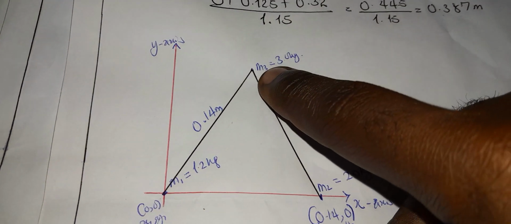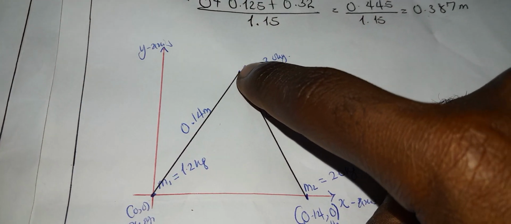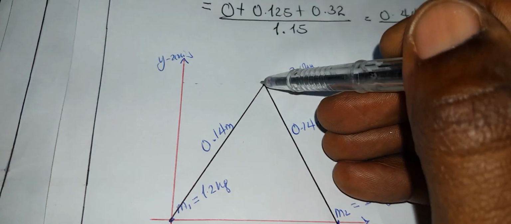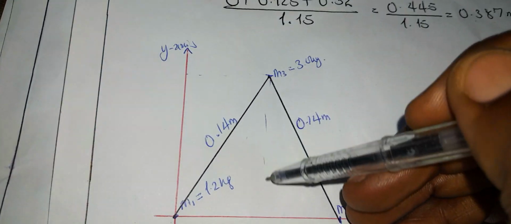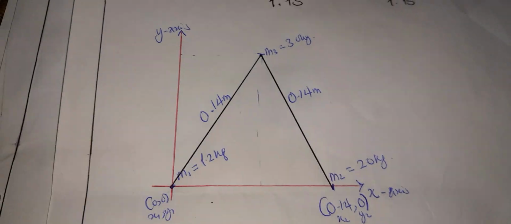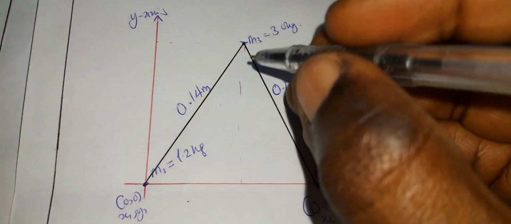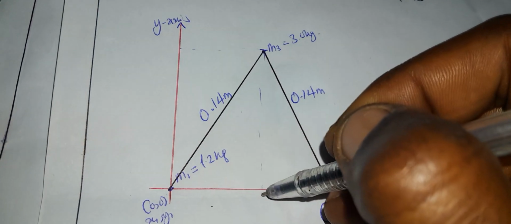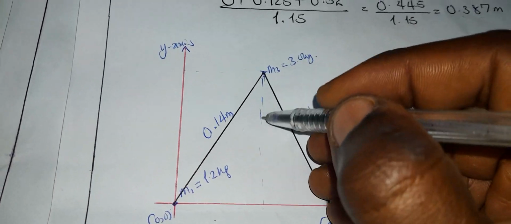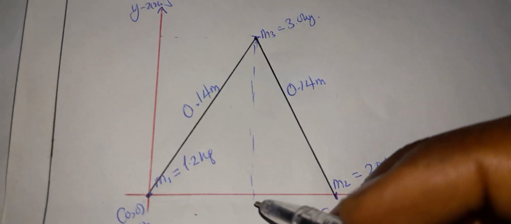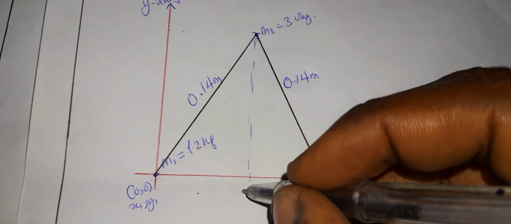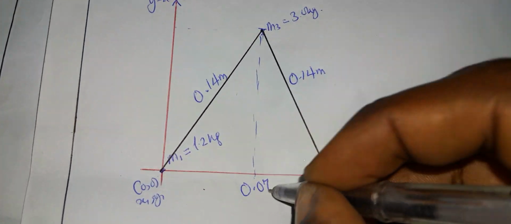Now, mass 3 is at a point that has to be in respect to y, and in respect to x. Since it's an equilateral triangle, this point will be bisecting this line. So it will be half of 0.14, which is 0.07 meter.